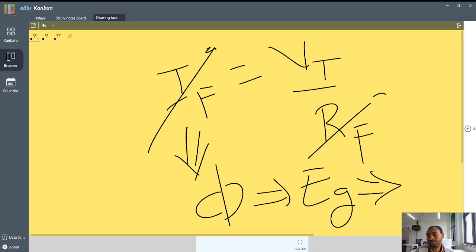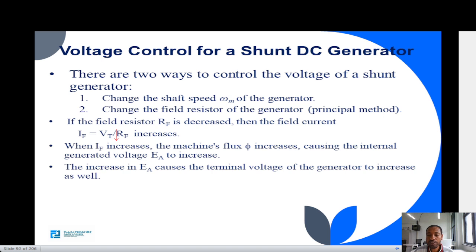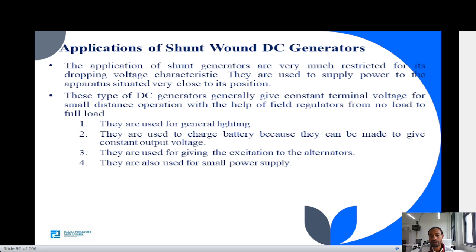If the internal generated voltage is affected, obviously VT will be affected. They are all interconnected. Therefore, we can control the terminal voltage of our shunt generator by inserting a variable field resistance on the field winding of the machine. We can control the terminal output of our generator.